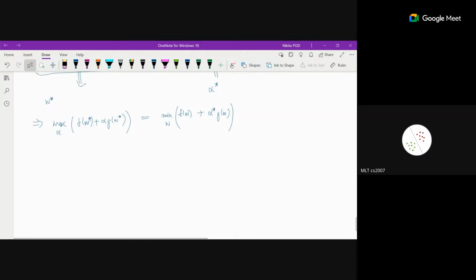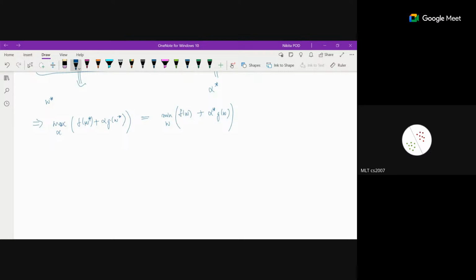So now, this is my primal solution and this is my dual solution. When we are looking at the primal solution, the constraint that we had was g(w star) less than or equal to 0, right?